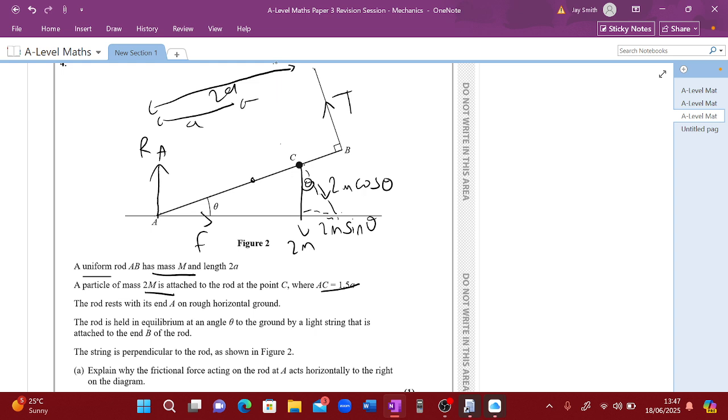So if we draw it here, where the mass of the rod is going to be, it's mg, and it's going to be halfway, to be the middle, so this would be 0.5a, and then that'll be another 0.5a. Okay, because A to C is 1.5a. Hopefully, you can make sense of the distance there.